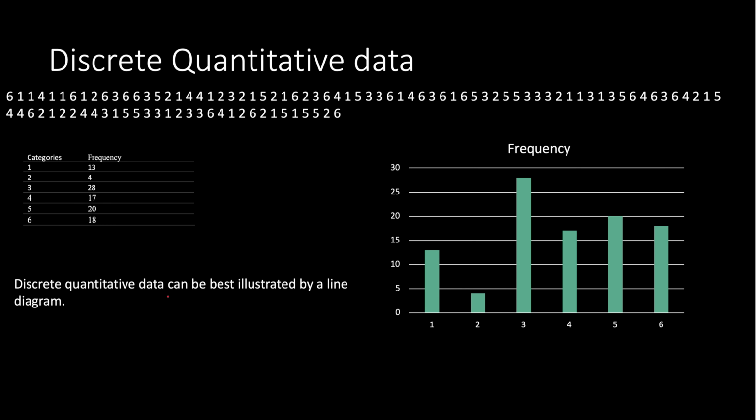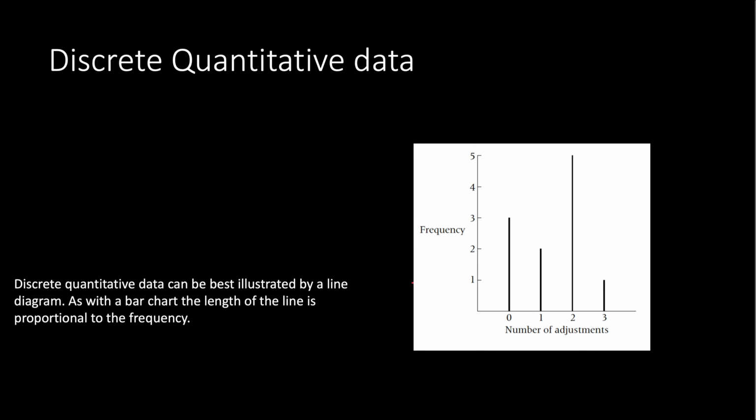Discrete quantitative data can be best illustrated with a line diagram. A line diagram is essentially a bar chart, but a thin line is used to represent the data rather than bars. So here is an example of a line diagram from the textbook.